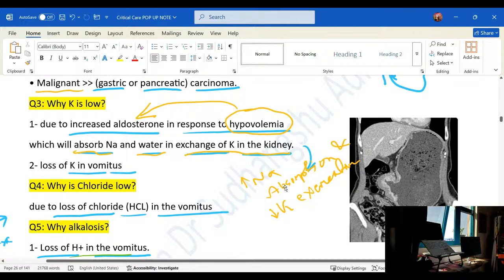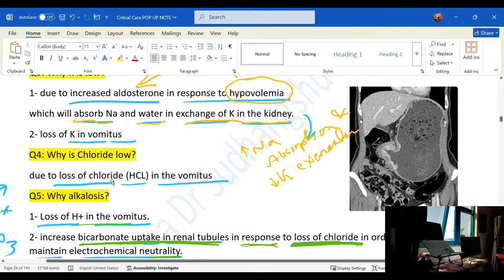There is also loss of potassium in the vomitus. So potassium is low for these reasons.